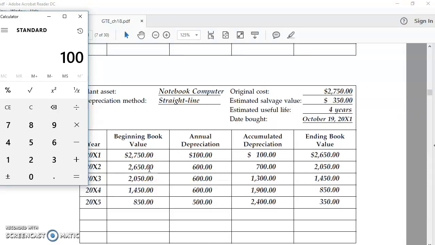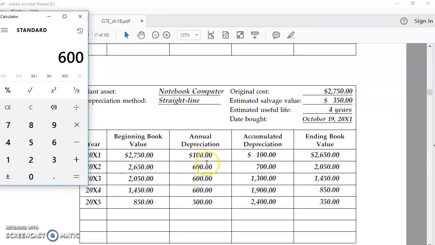Now before I told you, remember, $600 is how much you're going to be depreciating annually. How did I get that $600 again? I took $2,750 minus the salvage value, which is $350, equals $2,400 divided by 4 years of useful life equals $600.